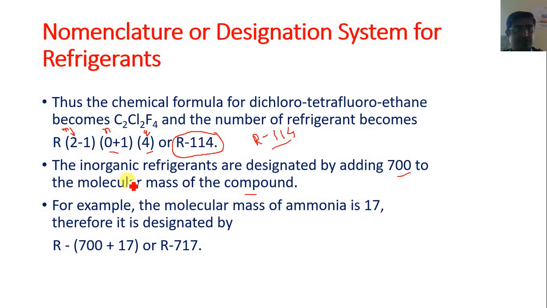For example, the molecular mass of ammonia is 17, so it is designated as R, 700 plus 17, written as R717, where 17 is the molecular mass of ammonia. We just have to add 700 to it. So for ammonia it is written as R717.